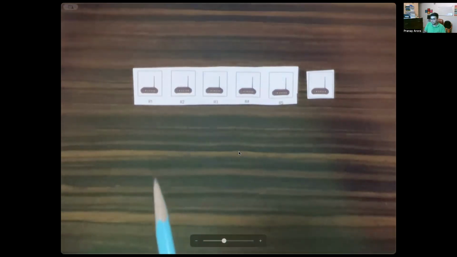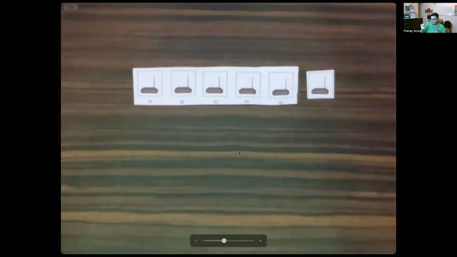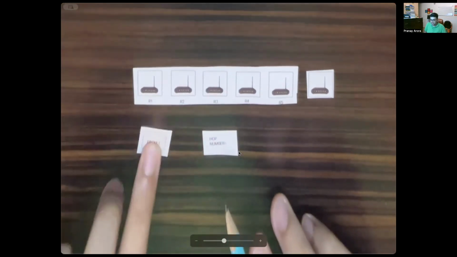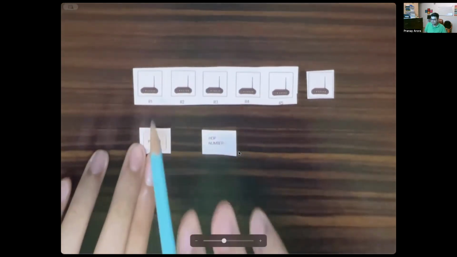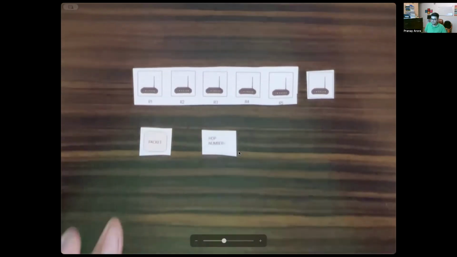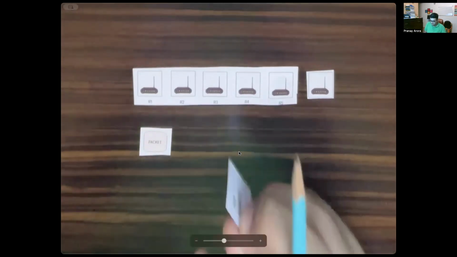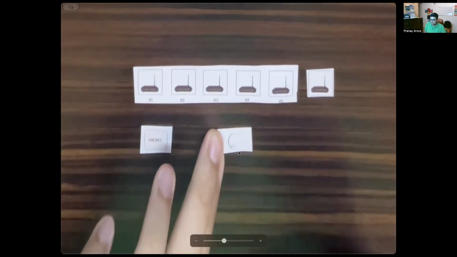And to stop it from roaming around via different routers or different routes, and getting lost in the internet forever, we create a process of hop number. So every packet is given a hop number. For example, in this case, suppose initially I decided that the packet has to travel via 6 routers only. So I will give the packet a hop number of 6.